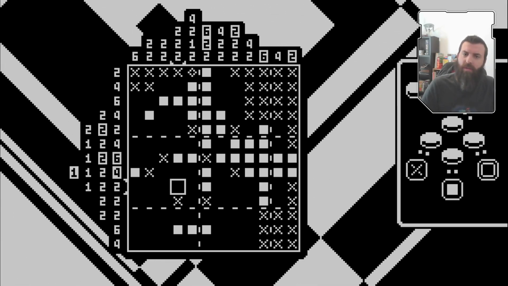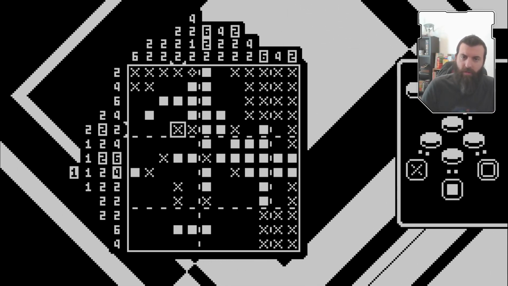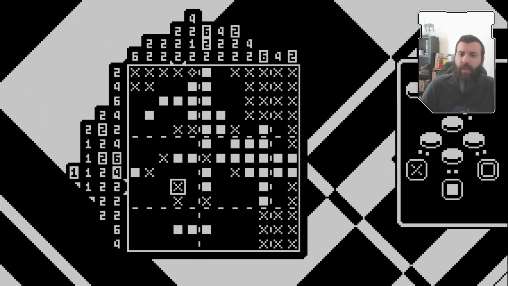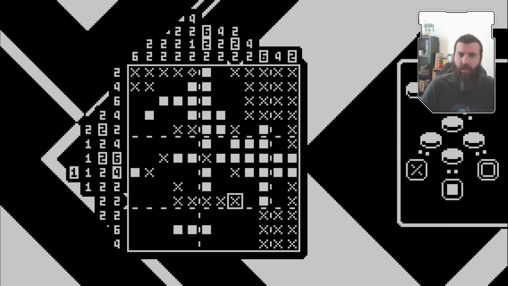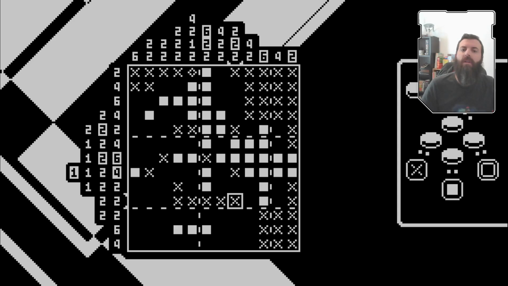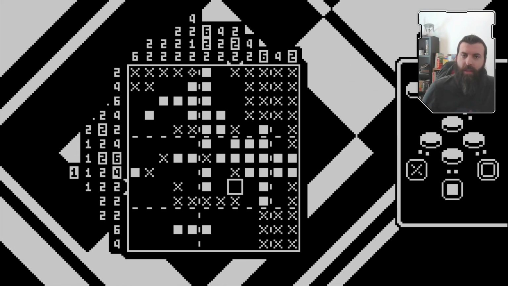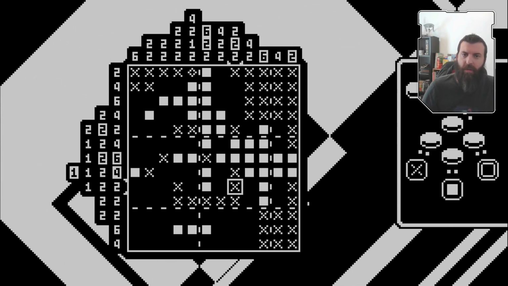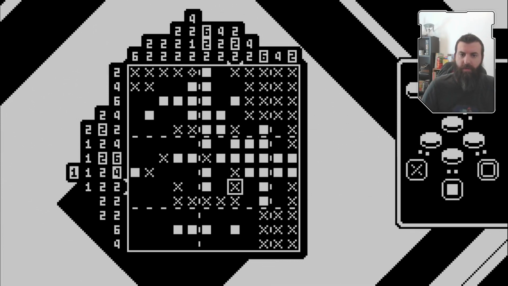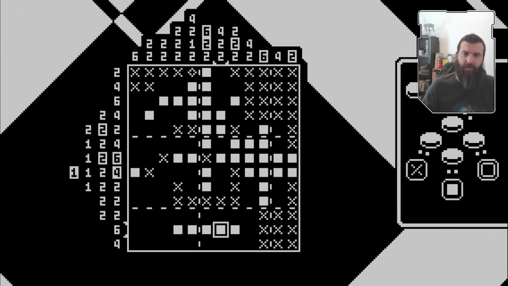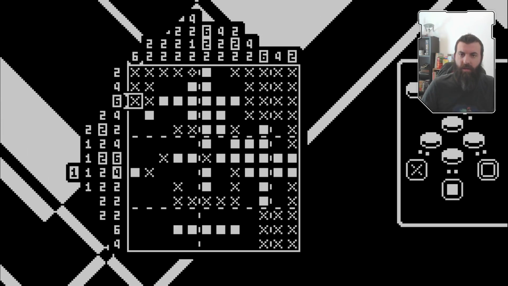Rules out these pixels filled in our vertical. That rules out this pixel in with our horizontal 2s. With that, it rules out this pixel from being filled in for our vertical 2, and this pixel has to be filled in for our horizontal 6, as does this one. That completes this 6.